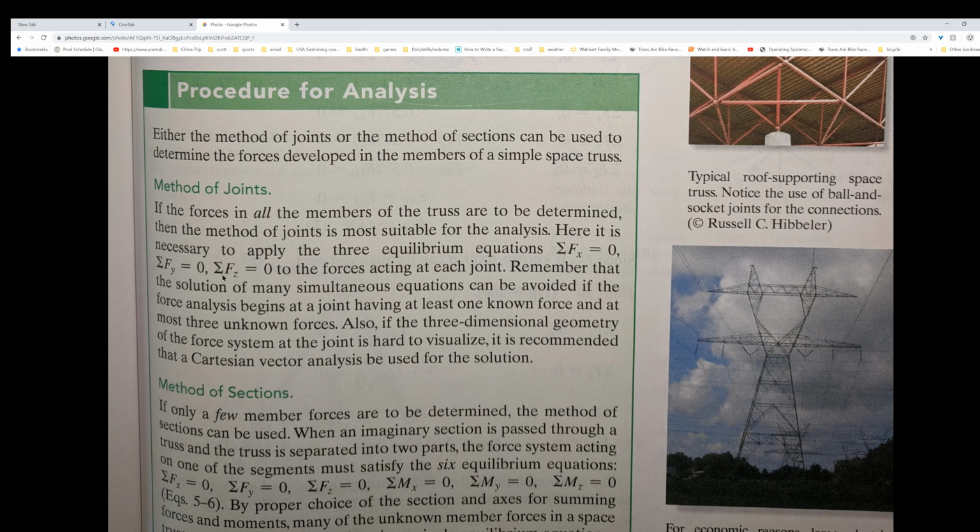So you can solve the entire structure, find the reactions at the points where it's connected externally, and from that, apply the method of joints like we did previously.